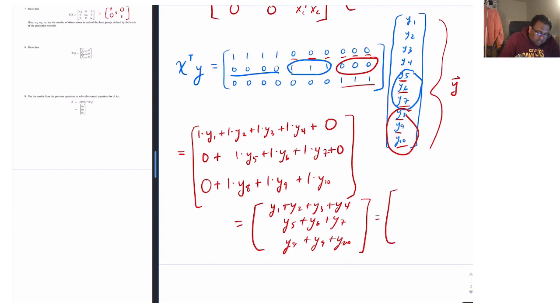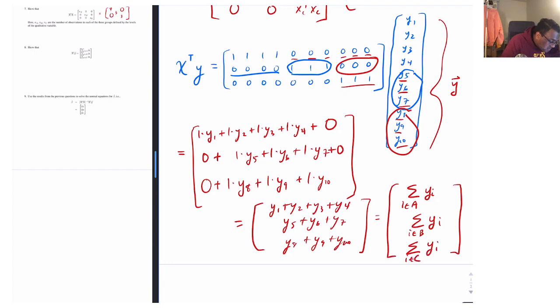And we can clean up the notation we have here to be a little more general. We know y1 through y4 were just the y's that belonged to class A. So I guess we could say, the sum over i belonging to class A of yi. The second element was where i belonged to class B. And the third element would be where i was in class C.